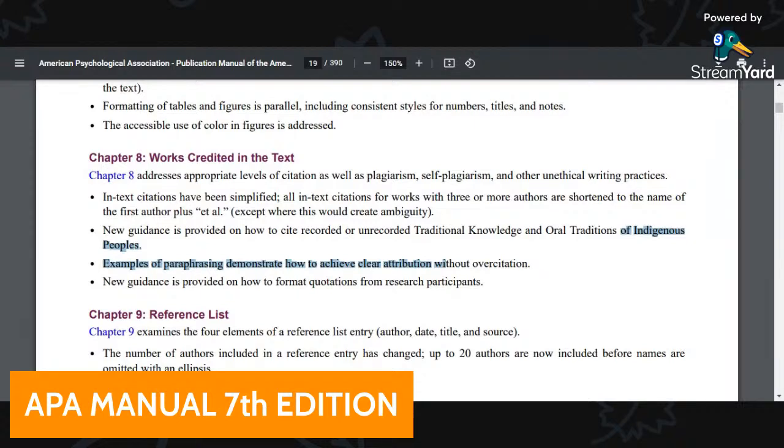So the seventh edition manual has also provided these guidelines to cite any great personalities' work in your research work.